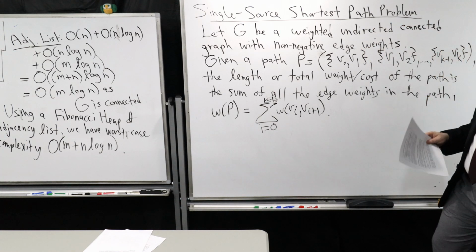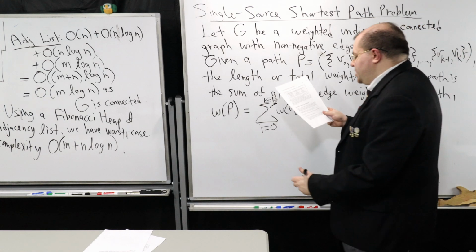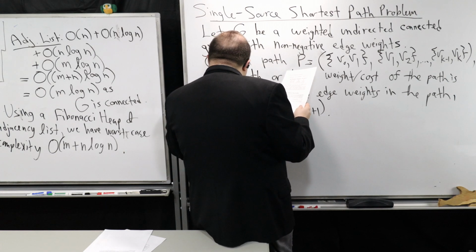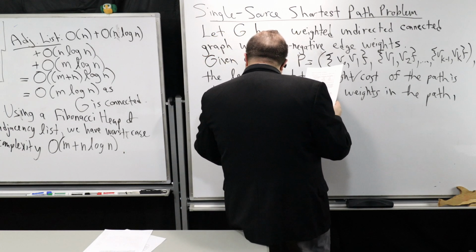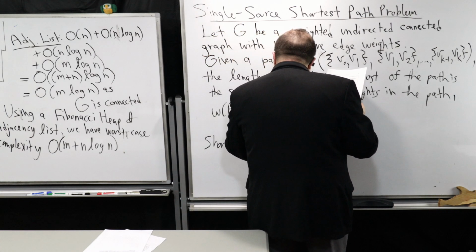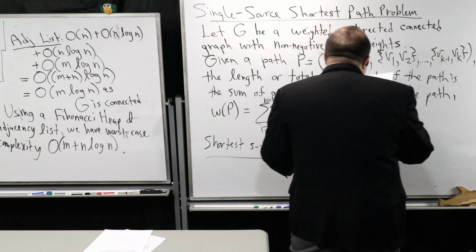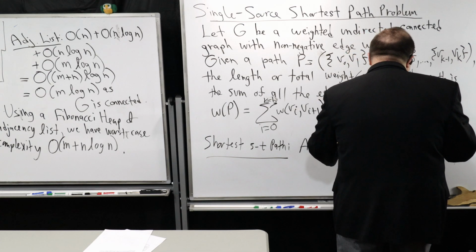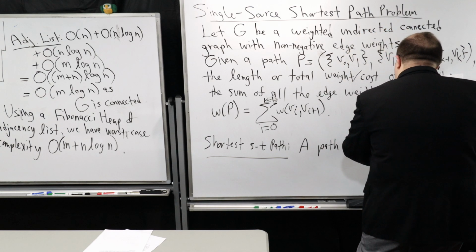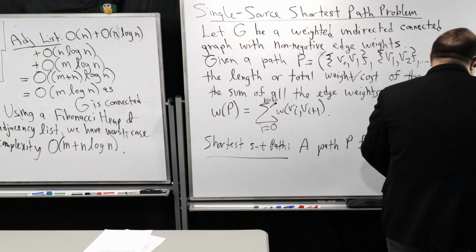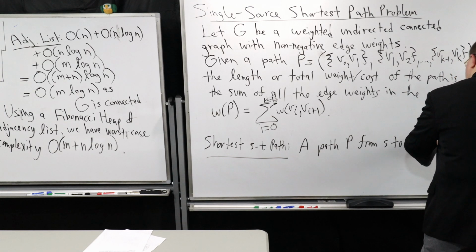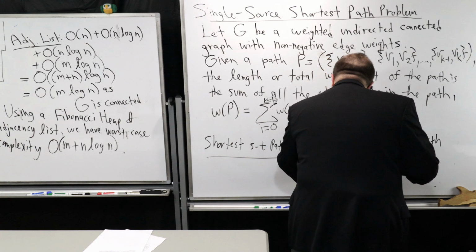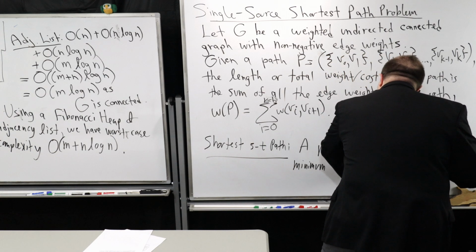So when I have this, I can define the notion of a shortest S-T path for a weighted graph. So a path P from S to T with minimum weight of its path.